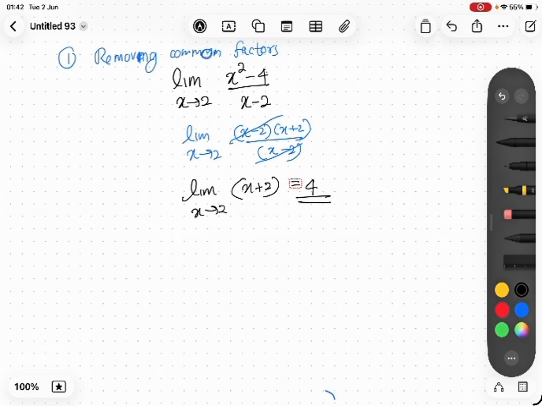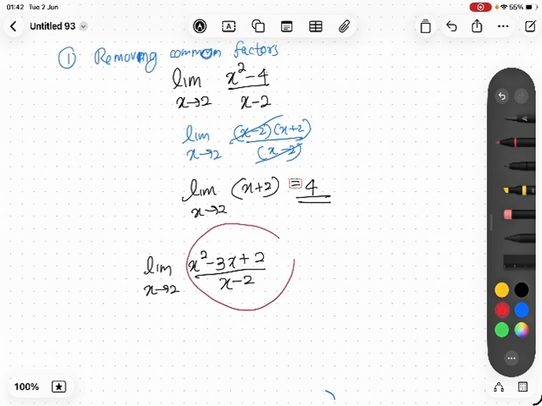Is it clear? Right, so we will move to another example. Okay, this one: the limit of (x squared minus 3x plus 2) over (x minus 2) when x tends to 2. See whether we can directly substitute and get the answer.